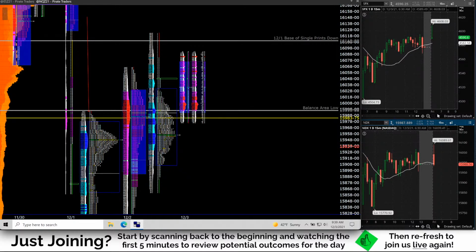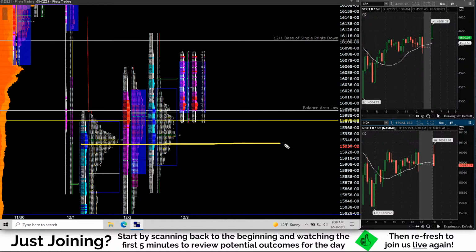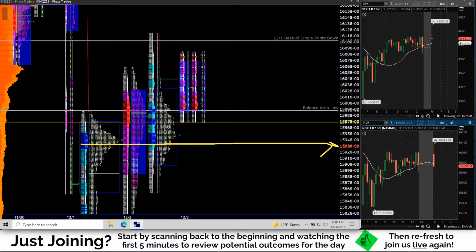So I would get bearish on the Q if we get below, say, 15,938, as that will be looking into that balancing area and failing.